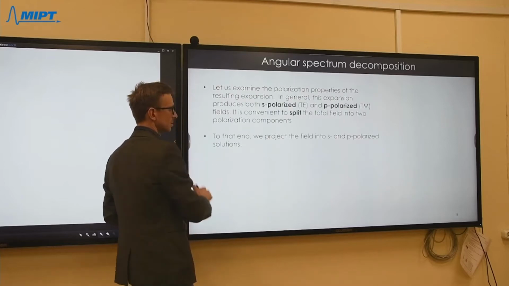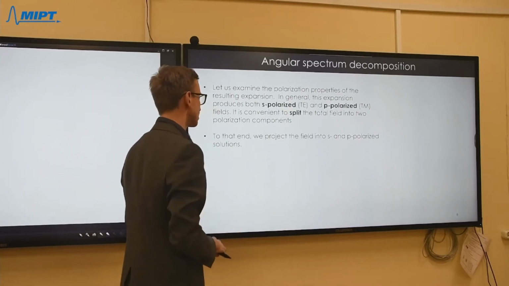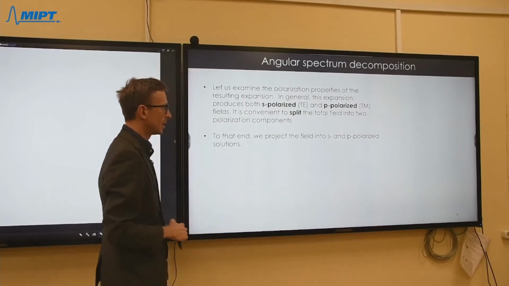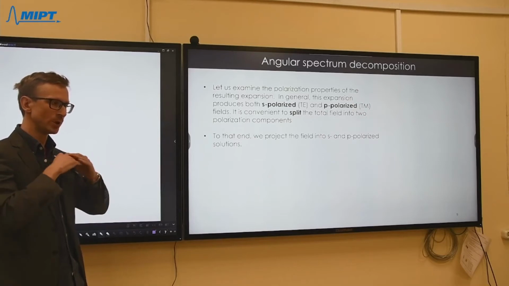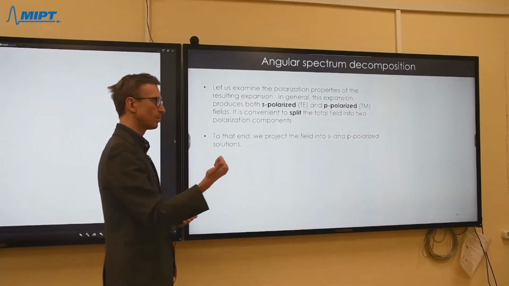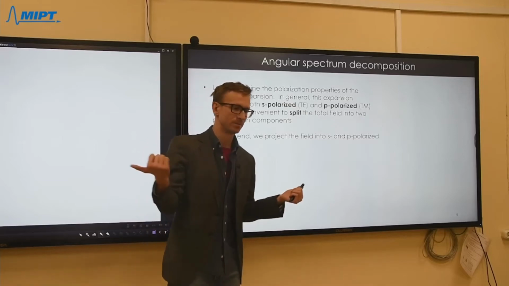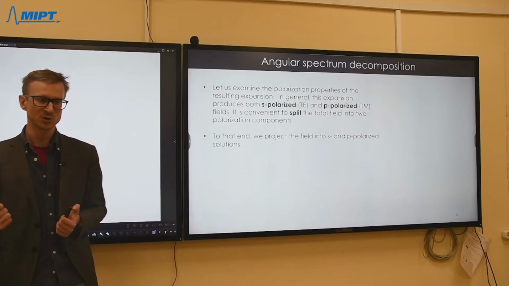But to begin with, we need to define what S and P polarizations are in this problem. In free space, when there is no interface, you cannot define S and P polarization because all polarization vectors are absolutely equal. To define S and P polarization, you need a certain plane.